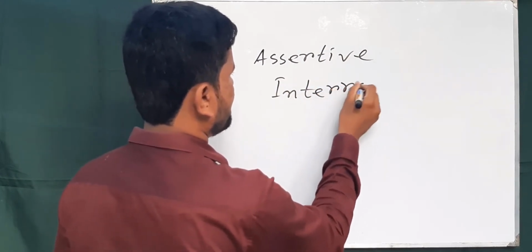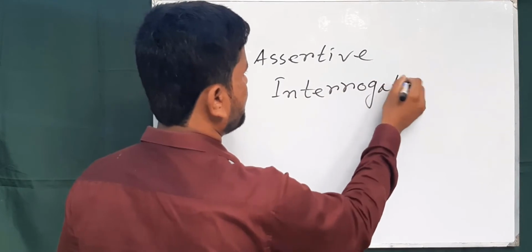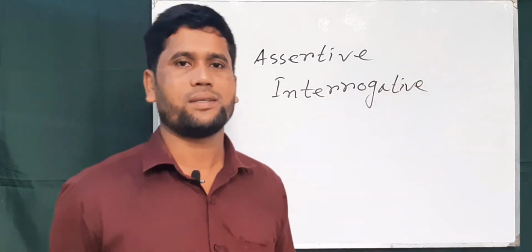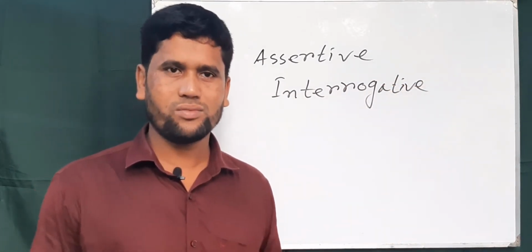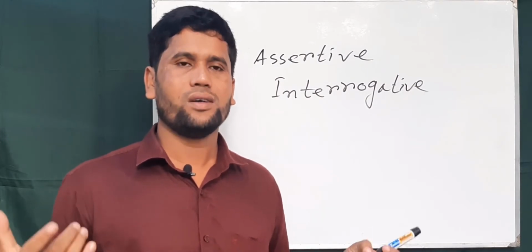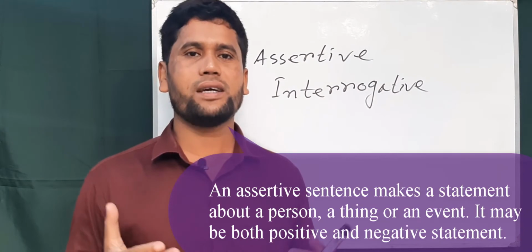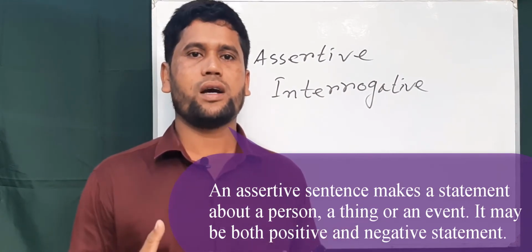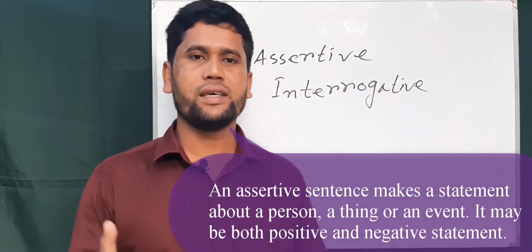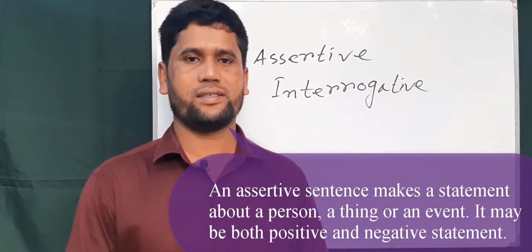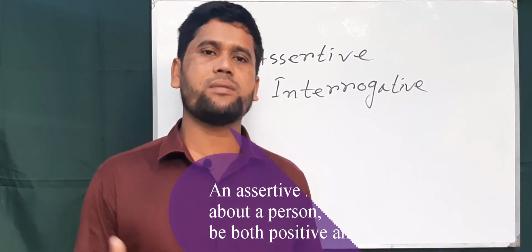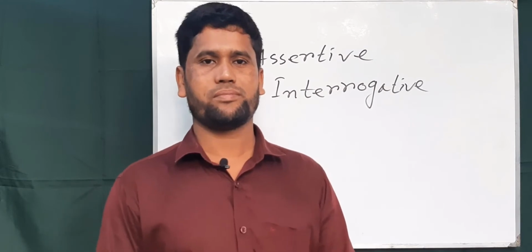First, we need to know what is an assertive sentence. Do you know? Okay, no problem. An assertive sentence makes a statement about a person, a thing, or an event. It may be both positive or negative.